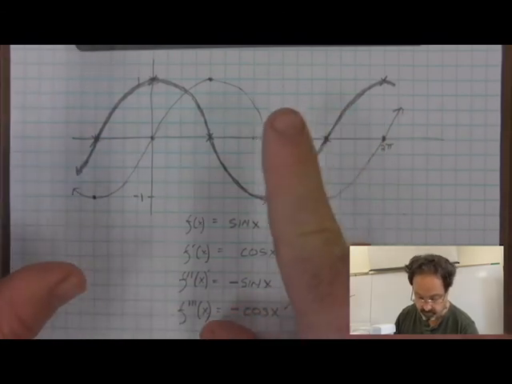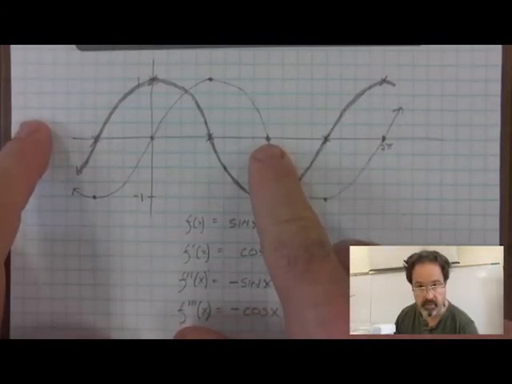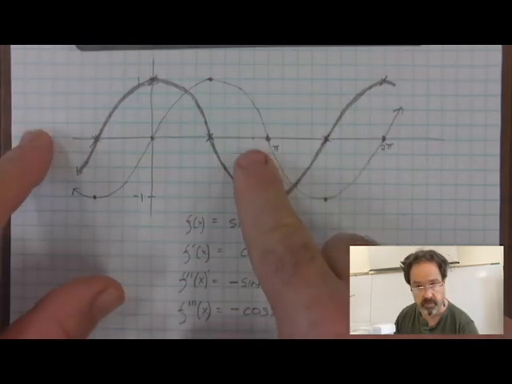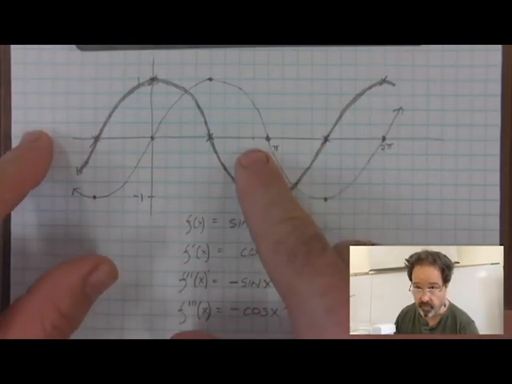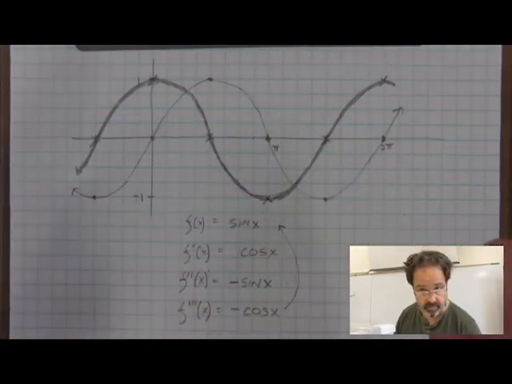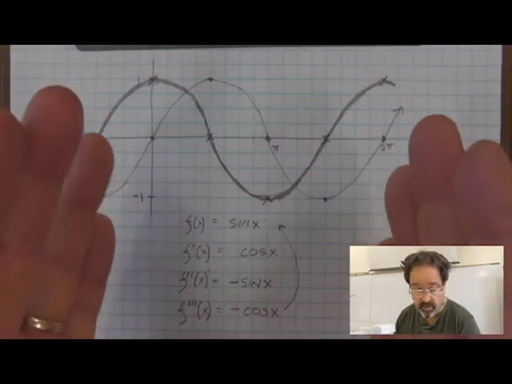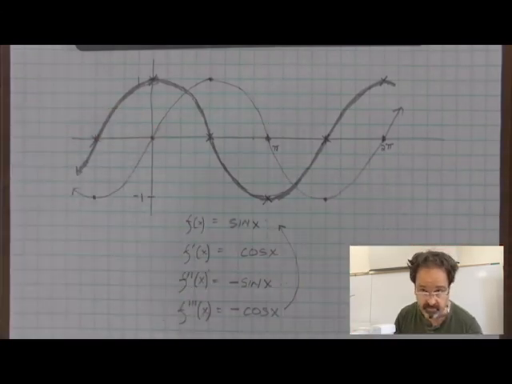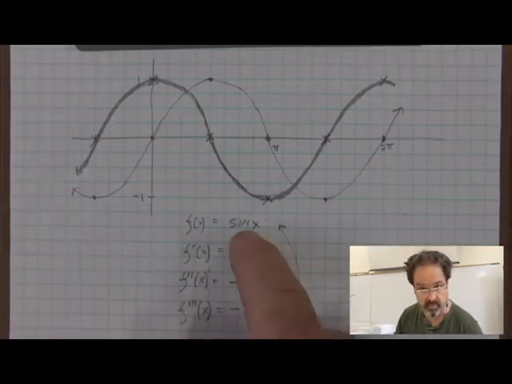Shift it by pi over 2 again, we get negative sine. Pi over 2 again, negative cosine. And if we shift it a 4th time, which would be a total of 2 pi, then we would have shifted it a full period back into its original position of sine.